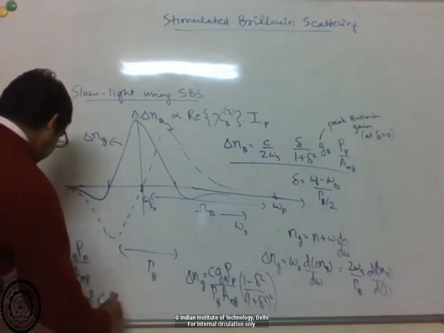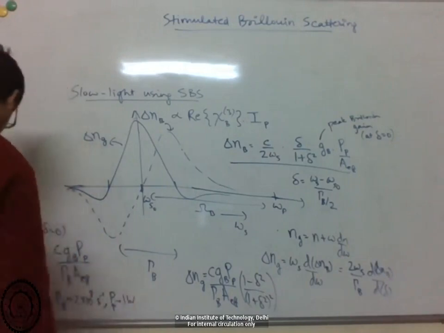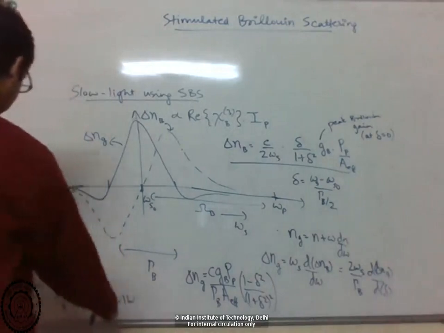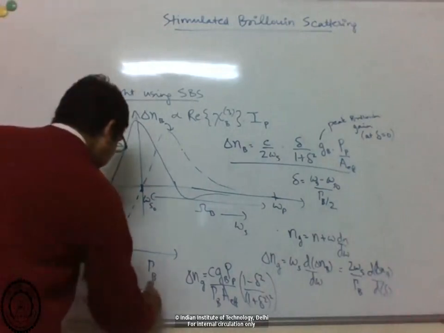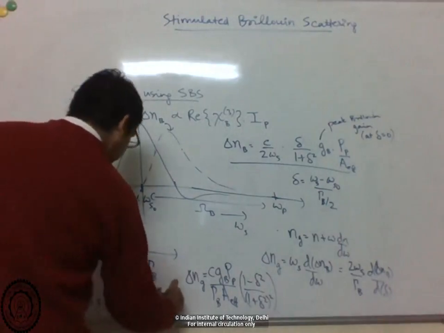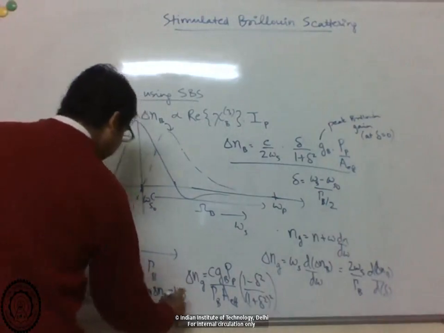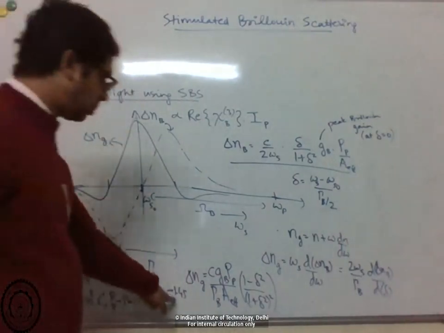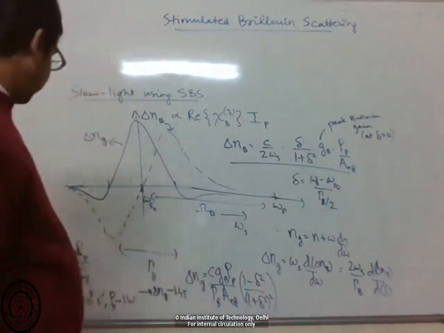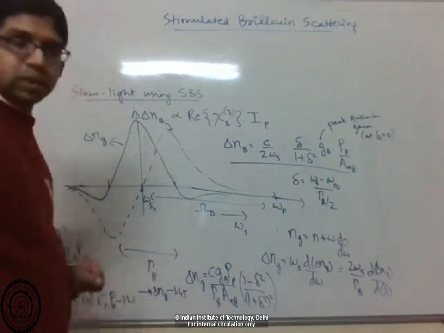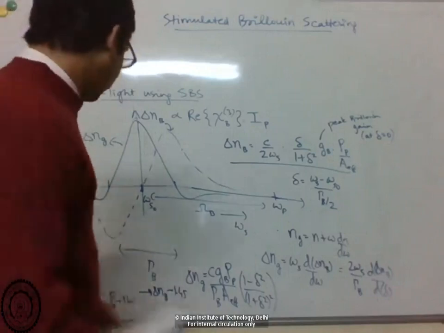If I take a pump power of 1 watt, then for these parameters, delta NG can actually be 1.45, right? So recall that the actual refractive index of glass is about 1.45, right? And so basically I can double it by using the Brillouin again.